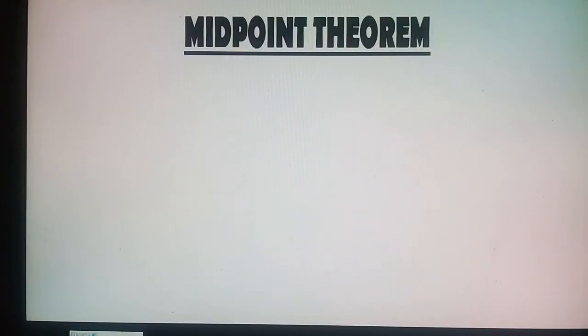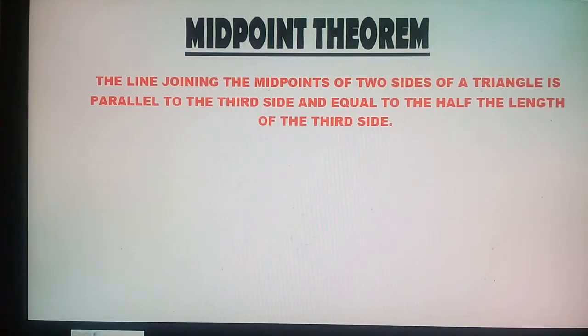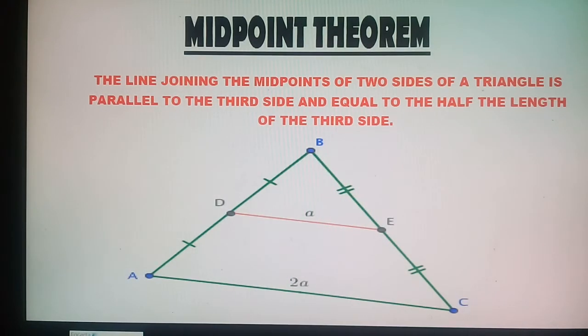Okay, let us move on now. We have what is called the midpoint theorem in grade 11. What's the midpoint theorem? It says the line joining the midpoints of two sides of a triangle is parallel to the third side and equal to half of the length of that side.